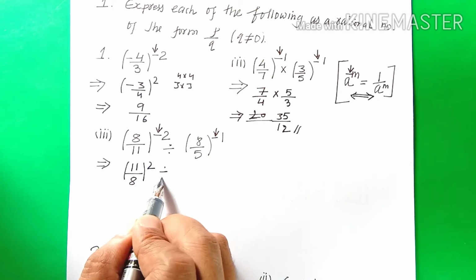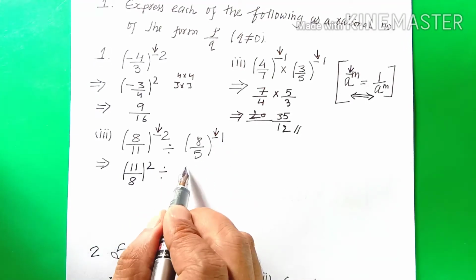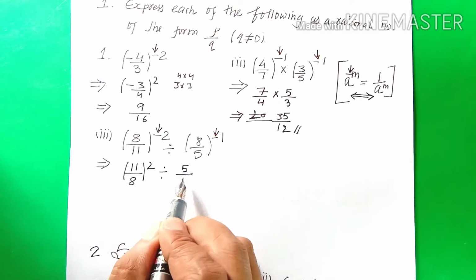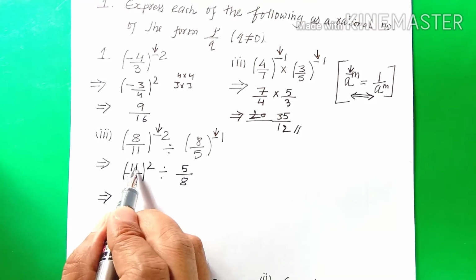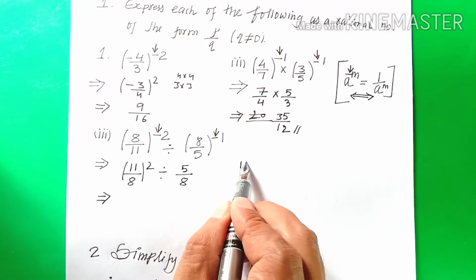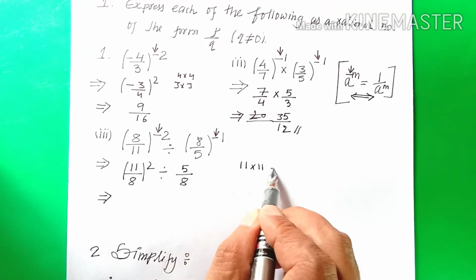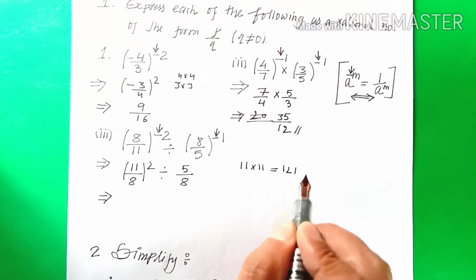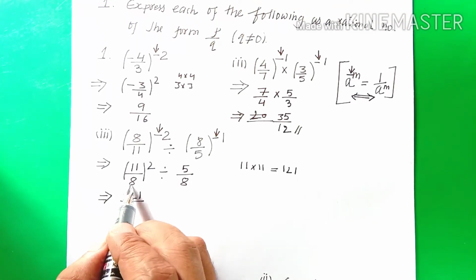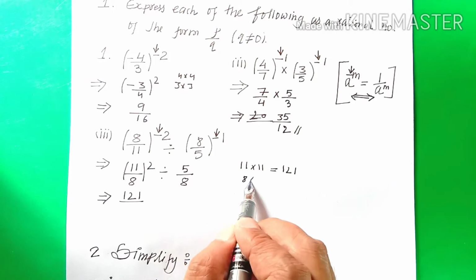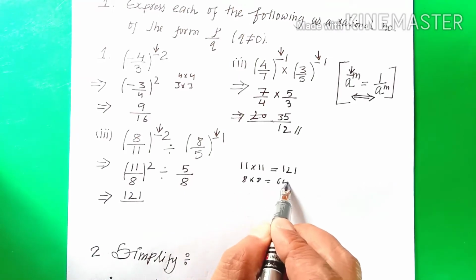Similarly, divided, again here negative power, so change this into positive. So the base will take the reciprocal. That implies 11 square, which means 11 into 11, which is equal to 121. So we have here 121 divided by 8 square, which means 8 into 8, which is equal to 64.